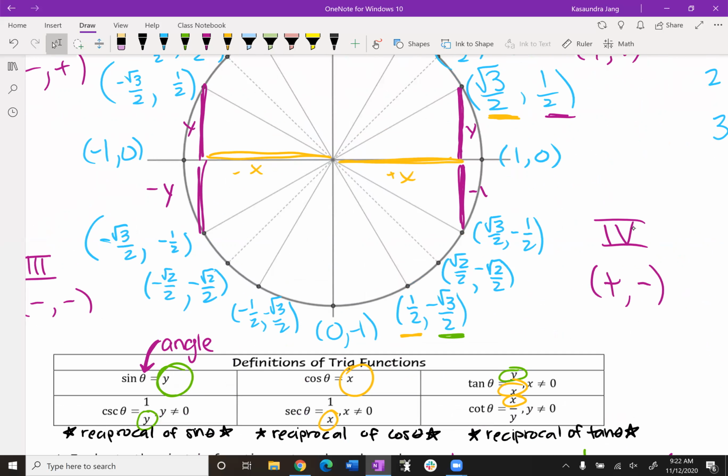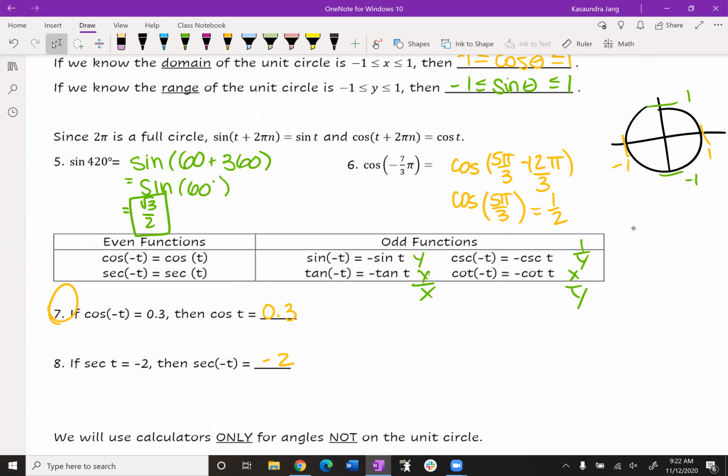So say I go to, I don't know, maybe I go like right here or something. It's like not one of the ones that they gave me. Maybe it's like right there, but the x value is a 0.3, right? So if that's a cosine of that negative angle, I'll put negative theta there. If I go the same distance, but in the positive direction, so if I go to my positive theta, those guys have the same x value. So my x value, they said that cosine was a 0.3. So then the other x value also has to be a 0.3.